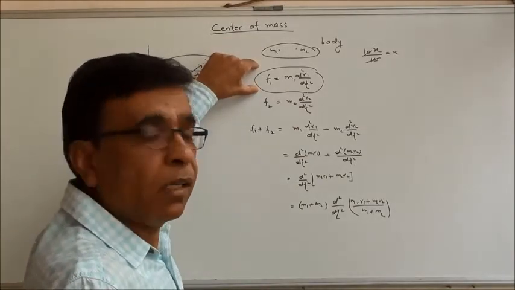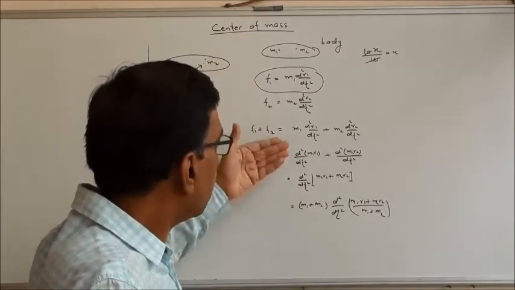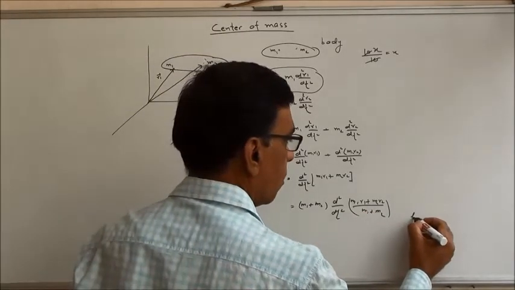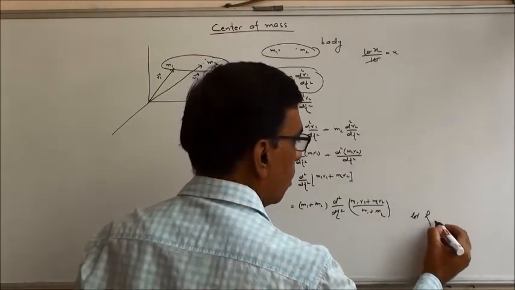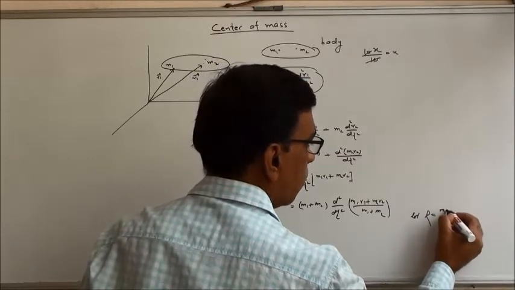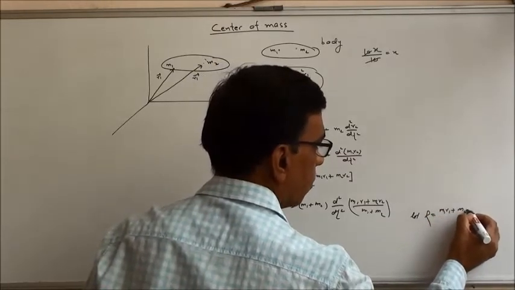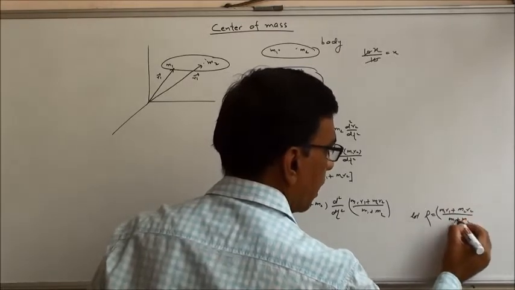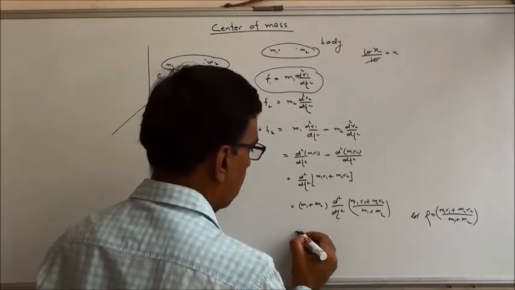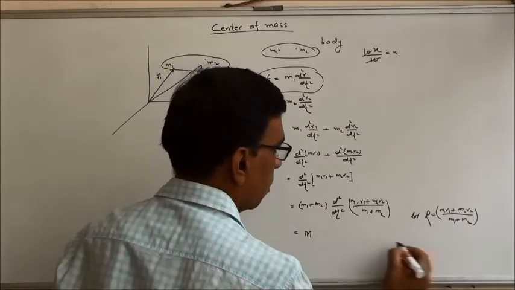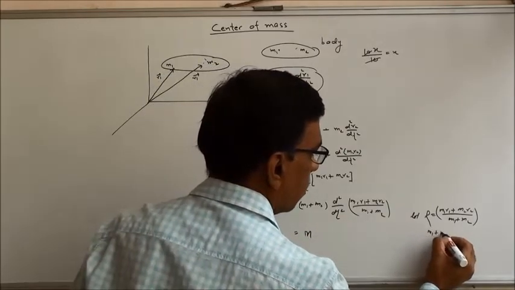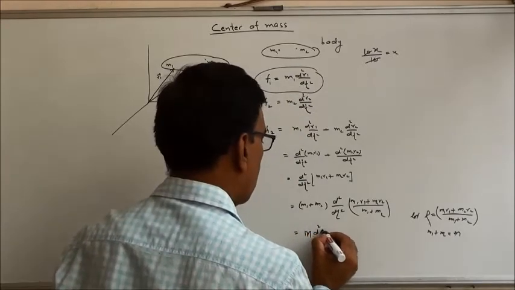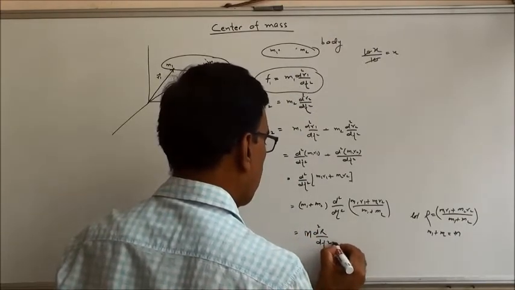Force on the first particle, force on the second particle, then I have added it. Now this term has dimensions of length. So let me write R. This is the total mass M, d2R by dt2.